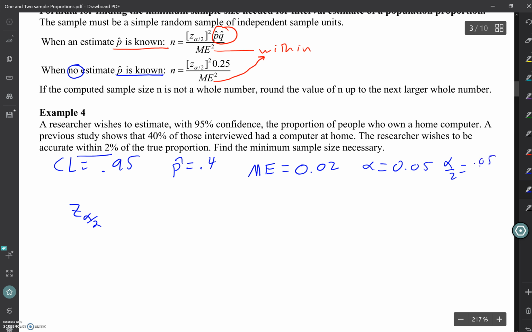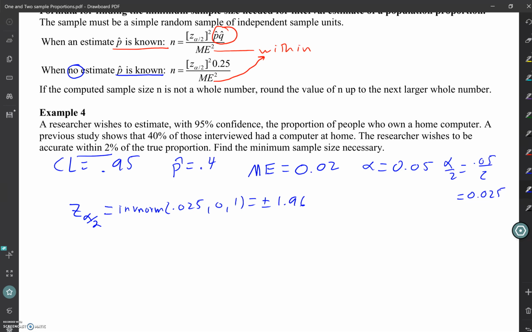So 0.05 divided by 2, 0.025. So we can look that up. We can remember from before what that gave us, or use inverse normal. And what is it going to give us? 1.96. And it's probably going to give you the negative version. You can use the positive or negative version because you're going to square it in the end, and it's not going to make a difference.